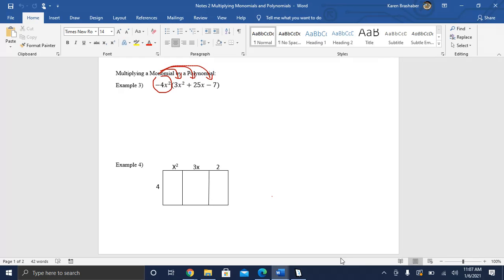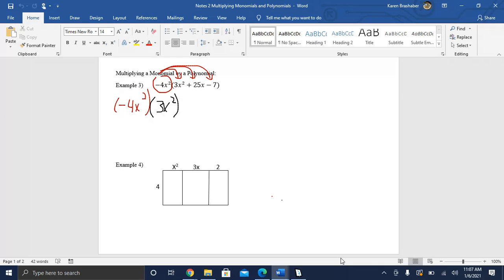So we'll use the distributive property, as you can see by the arrows. So I'm taking -4x to the 2nd, and I am going to multiply that by the first term of 3x to the 2nd.